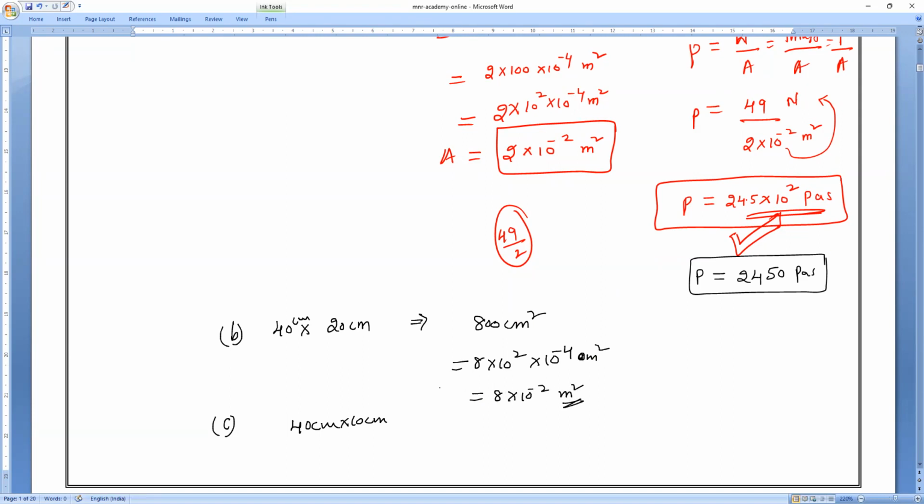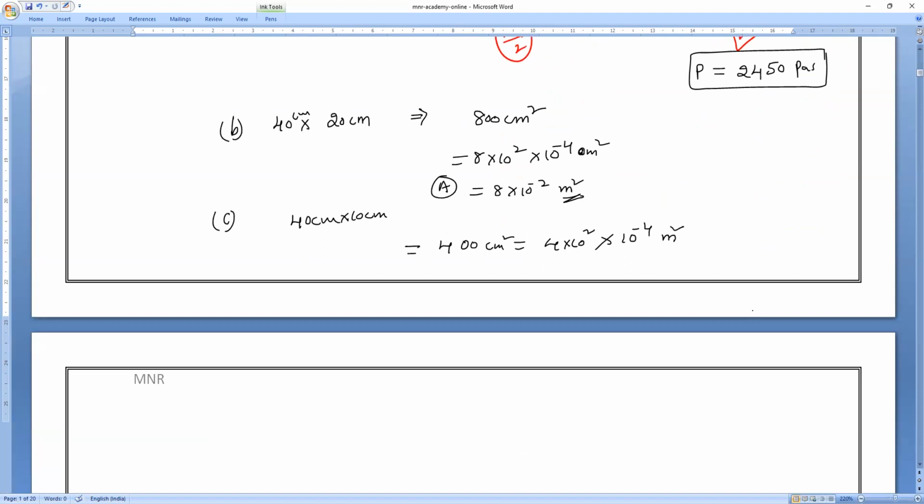Will you all agree with me? And this is 400 square centimeter, which I can write as 4 into 10 power 2 into 10 power minus 4. If you don't know this, you cannot solve anything. So 4 into 10 power minus 2 square meter.